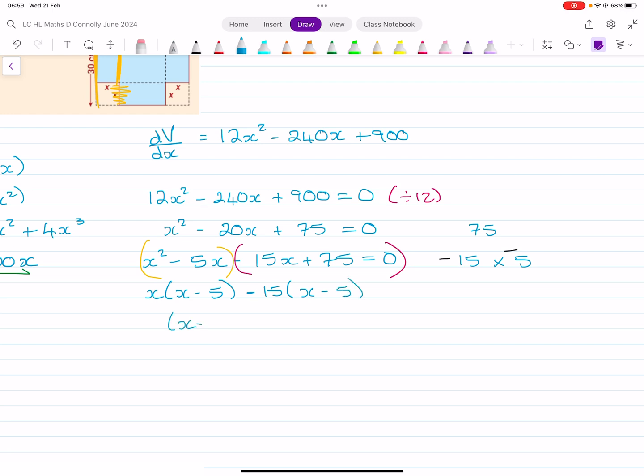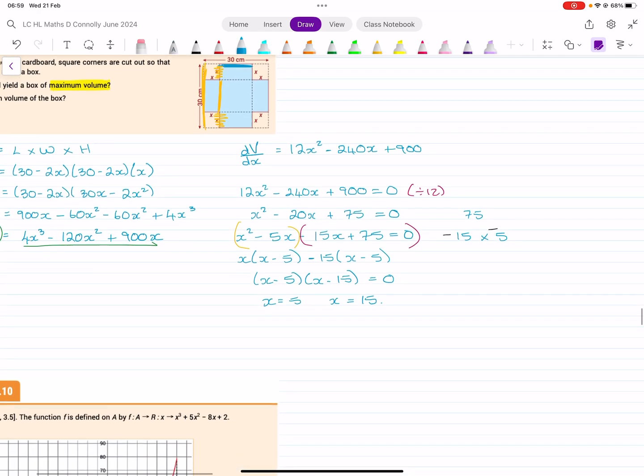So then I have x minus 5, x minus 15. So I have x equals 5, x equals 15.